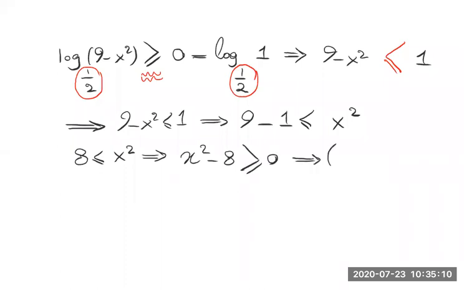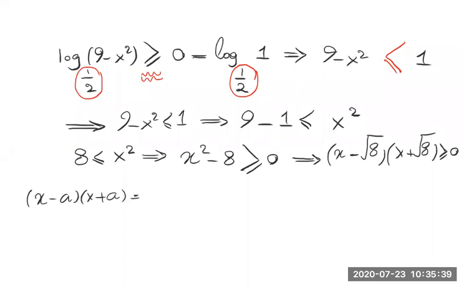Can I decompose this polynomial? Well, I can. It would be x minus the square root of 8 and x plus the square root of 8. That's the decomposition of this thing. Remember, in general, x minus a times x plus a is x squared minus a squared.